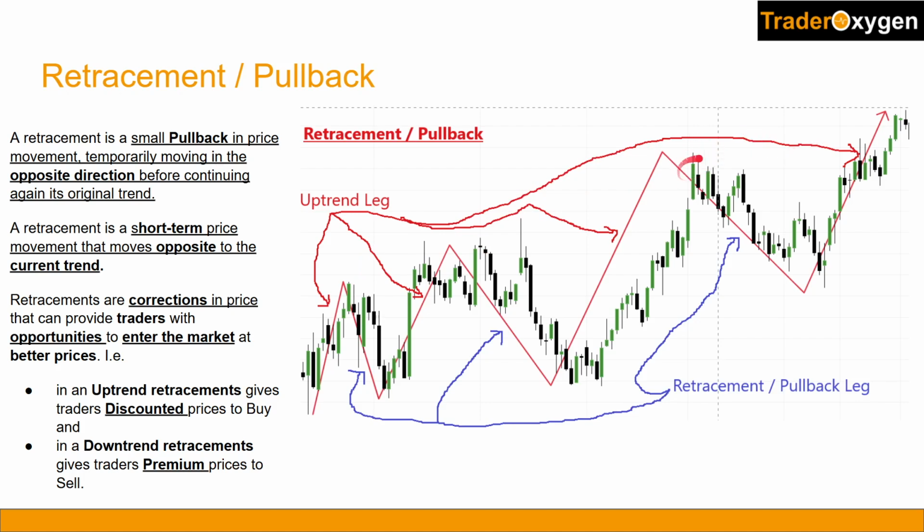However, if you buy at higher prices, you can make less profit. We will show you that in future lessons. So it's always better to get a discounted price and then enter into the market. Enter into the market means buy.